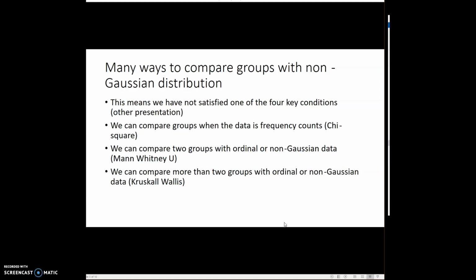If the data is not normally distributed, or if it has small numbers, or if it is ordinal data, I already said that, if it does not satisfy one of those four key conditions in the other presentation, then we have to use non-Gaussian distributions.